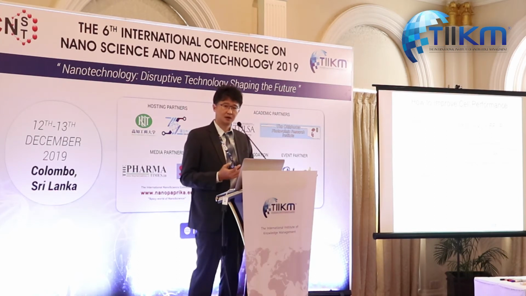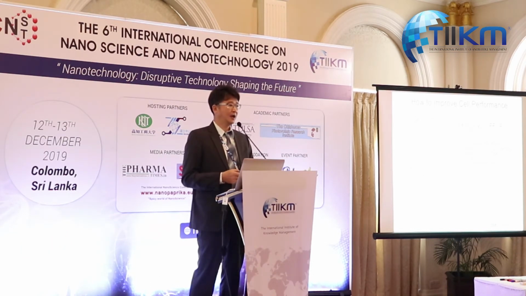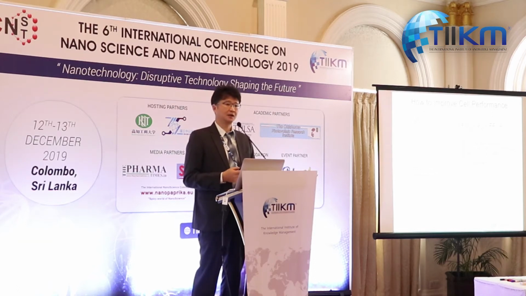The most straightforward way to improve the cell performance is to increase the photocurrent, and this can be achieved by making the absorption of the dye red shifted.